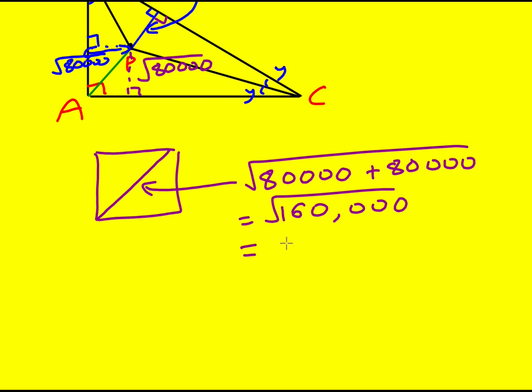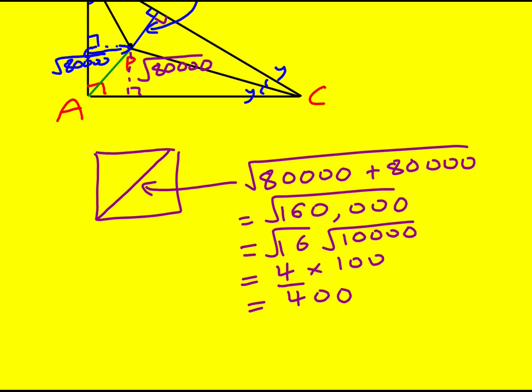And I could write it as root 16 times root 10,000. That's one way of doing it. So it's going to be 4 times 100. So the answer is 400. Okay, nice.